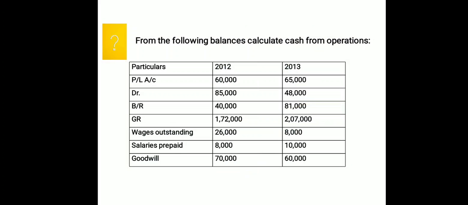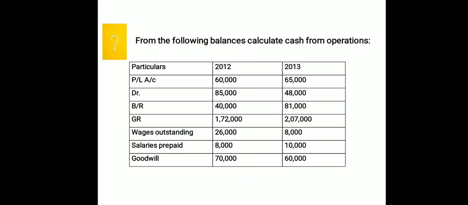Clear? And once we get the net profit after adjustment of non-cash items or operating profit before working capital changes, then we have to do the adjustment for changes in your current operating assets. I am again repeating, we need to go for adjustments for changes in current operating assets.